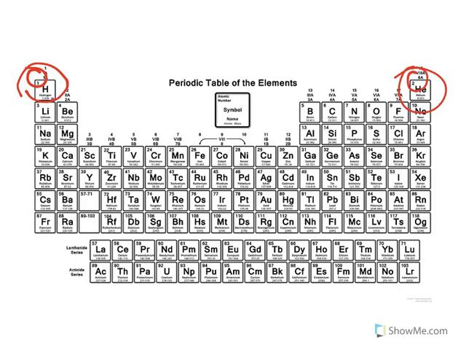Lithium has an atomic number of 3, so 3 protons. Beryllium, 4, and if you continue across here, 5 for boron, 6 for carbon, 7 for nitrogen, 8 for oxygen, 9 for fluorine, and 10 for neon. As you can see, the atomic number increases by 1 each time as we move across the periodic table.